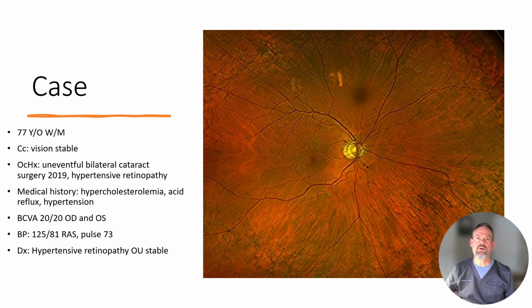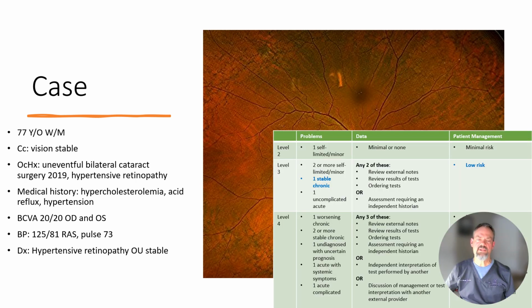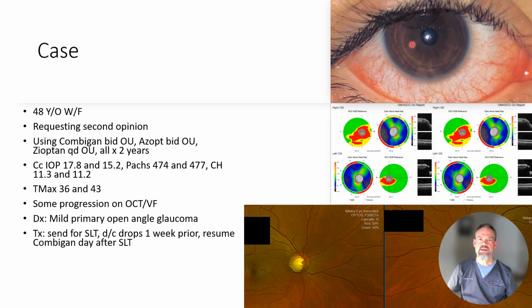So how are we going to code this patient? What level? We meet the one stable chronic condition under level 3 and low risk in terms of patient management. So in this case, we're going to code a level 3.